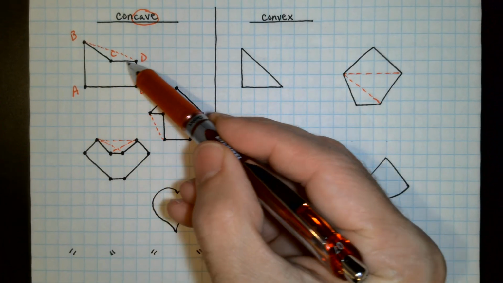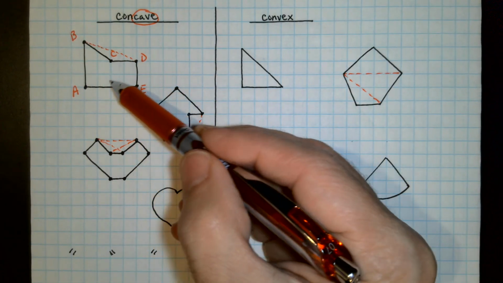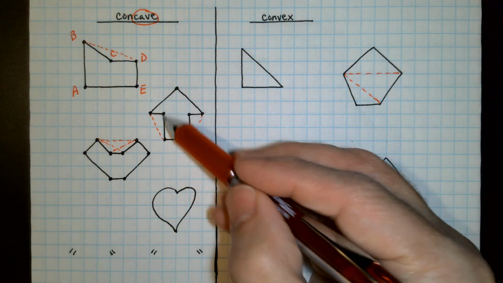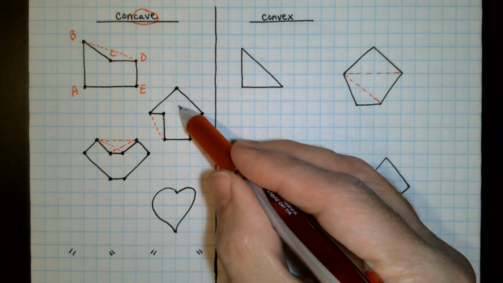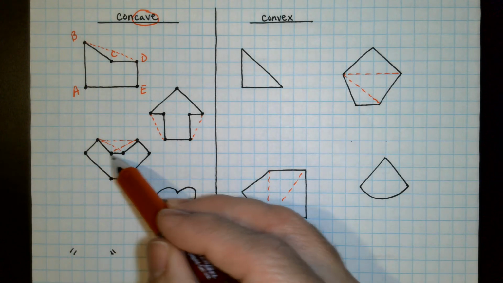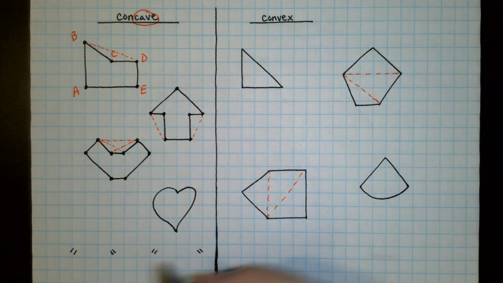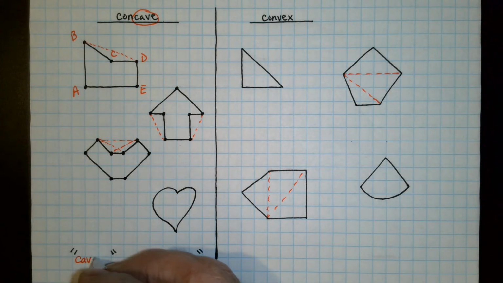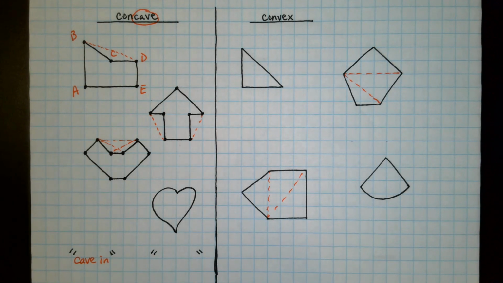And we see that happening right here, that these two sides are turned in toward the center of this object. These two sides are turned in toward the center of this object, and that happens here as well, and also here. We see that these sides are turned in toward the center of the object. So a cave-in is one way to help you identify if you have a concave polygon.